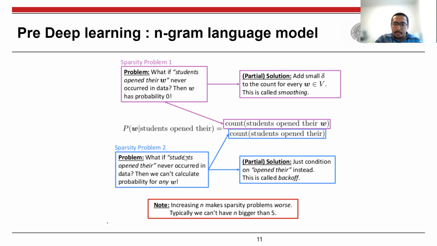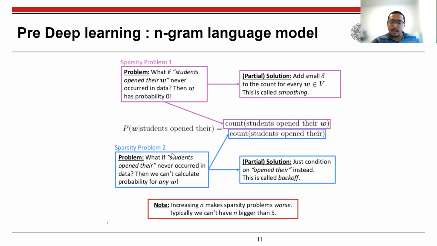The second problem is storage. As you can see, as you increase your n-gram size to, let's say, 10, 12, 13, this problem increases by a huge margin, because there will be so many combinations of words which will not be present in your data, but you will still need to store them.